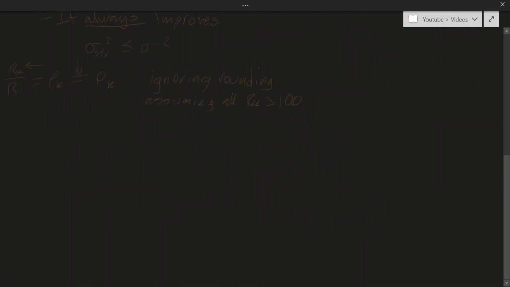Now, if we make this proportional allocation, then we can consider the stratified variance. Well, this was equal to the sum of k equals 1 up to K of p_k squared multiplied by R over r_k sigma_k squared.